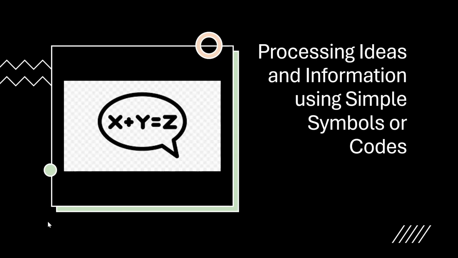Now, the embodied cognition rejection. So, this idea is rejected because the mental processing of something can't be explained through symbols and manipulating it. It's really just a part of the physical body interacting with the world around us.